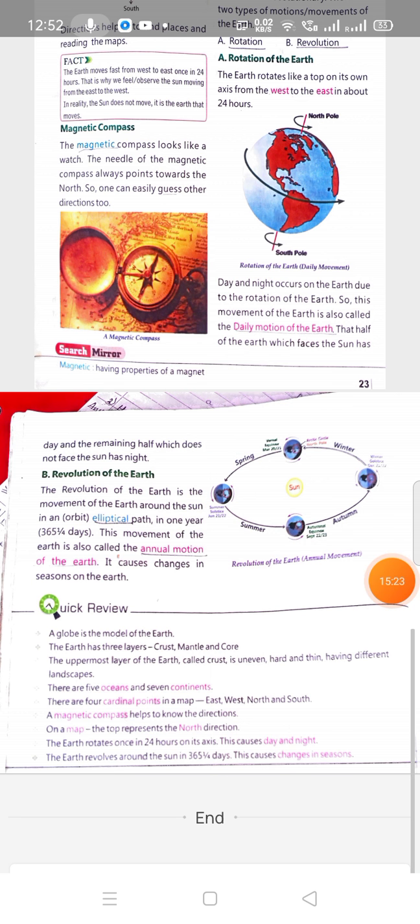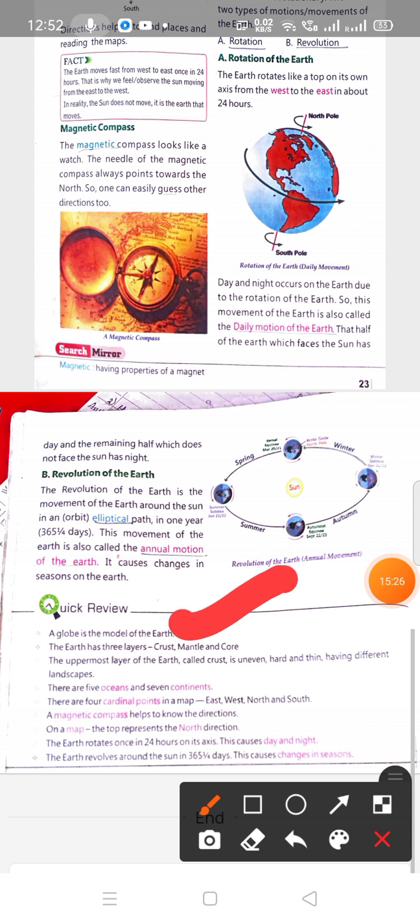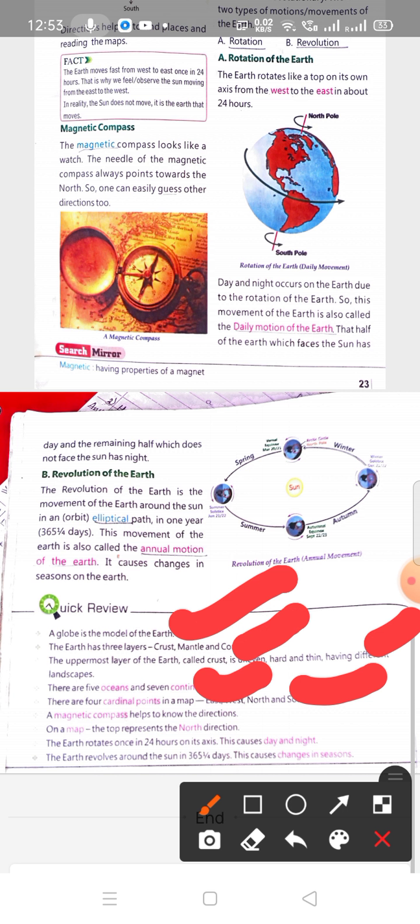Quick review, everyone. First, a globe is the model of the earth. Second, the earth has 3 layers: crust, mantle and core. Fourth, the uppermost layer of the earth called the crust is uneven, hard and thin, having different landscapes. Fifth, there are 5 oceans and 7 continents. Sixth, there are 4 cardinal points on a map: east, west, north and south.